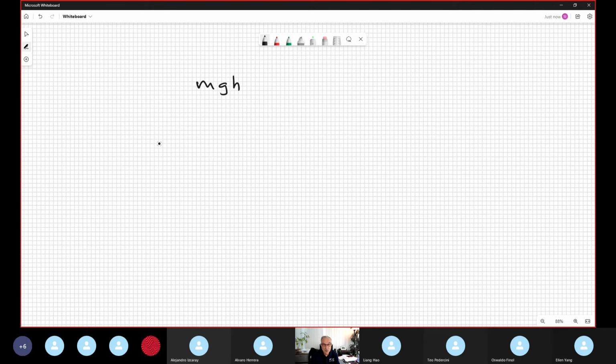Okay, suppose this is the surface of the Earth, our planet. Then we have different points. Then the vector field is like that. And what does the vector field mean?